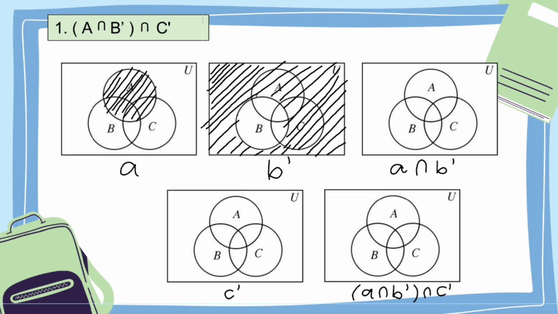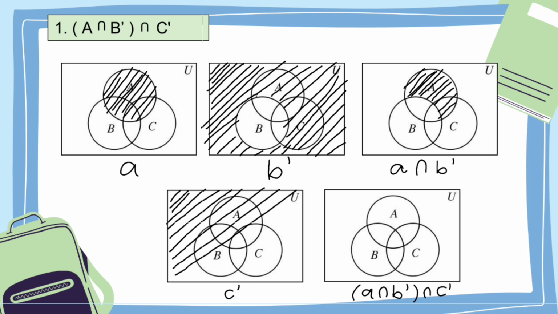That is all this part in the circle A, but without the parts where it intersects with B. And now to get the C prime, again, we shade everything in the box except for the circle C. And finally, the intersection of A and B prime and the intersection of C prime, it all comes to this, where the only shaded part is A itself without being intersected with the others.